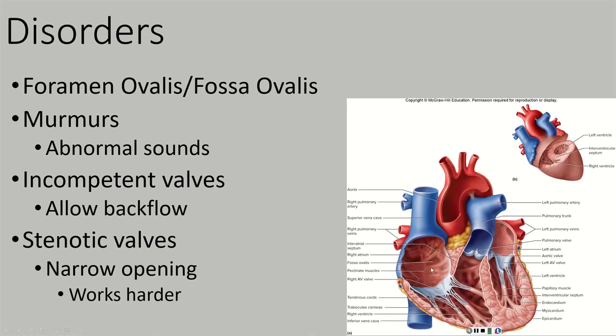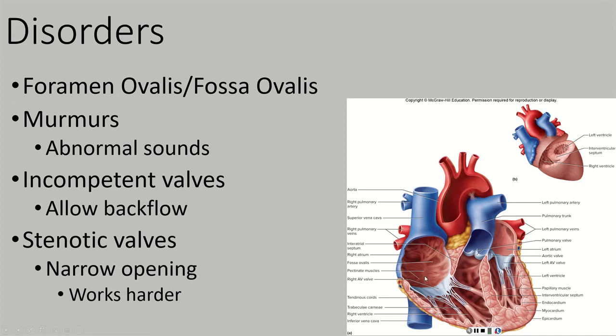So instead of this little structure right here called the fossa ovalis, there's actually a hole in the wall of the right atrium when the baby is still in the womb. And that hole is called the foramen ovalis. So what actually happens when the baby is still in the womb, as blood comes back to the body into the right atrium, a lot of that blood goes through this foramen ovalis, which passes into the aorta so that it can then go off to the body again.